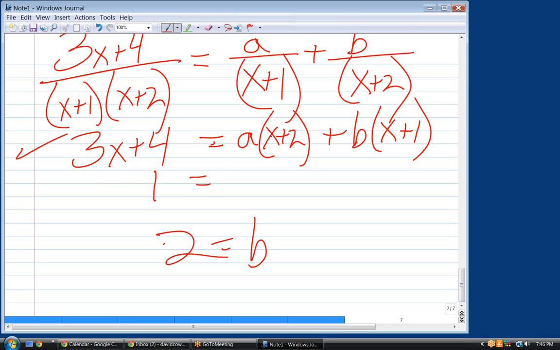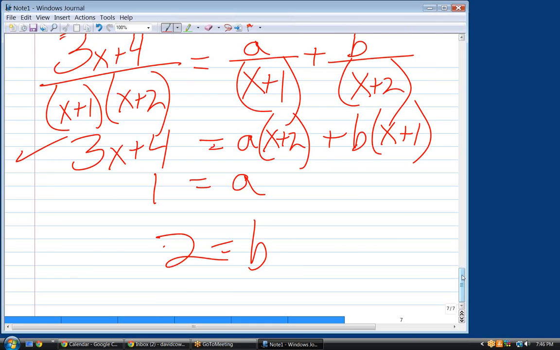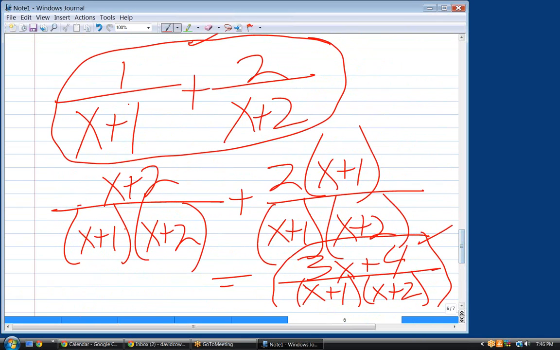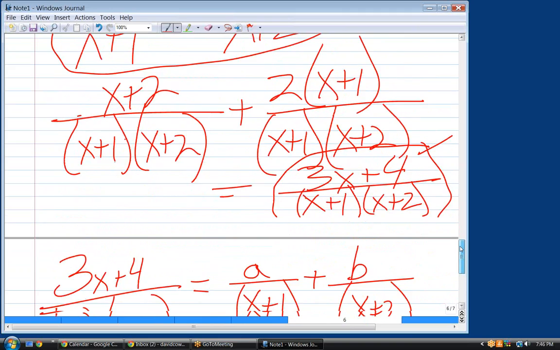And that has to equal, well, when x is minus 1, this is a. So I solve for a and b by partial fraction decomposition. And a is 1 and b is 2, and if you'll remember, that's exactly what we started with. 1 here, 2 here. The only thing is I did everything backwards.